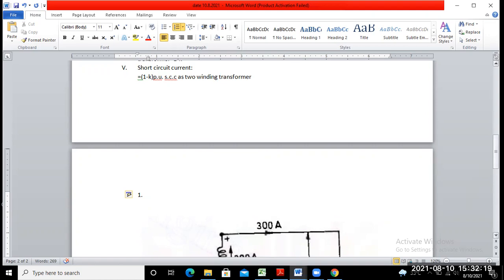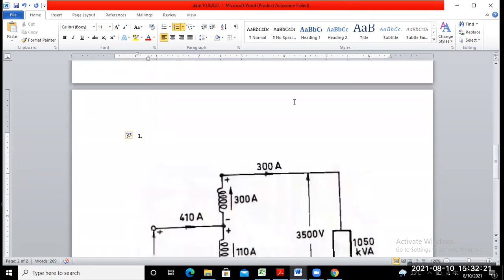The transformer voltage rating given to you is 2000 volt, 1000 volt, and 500 volt.